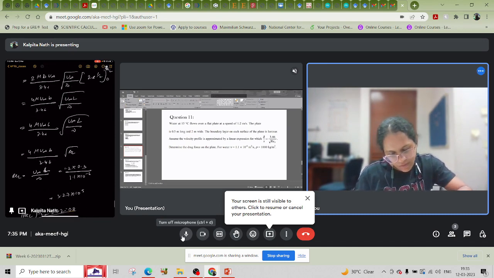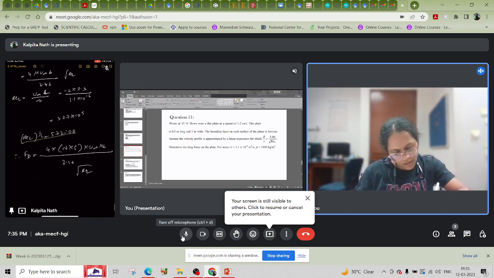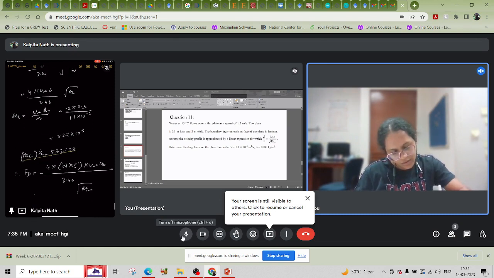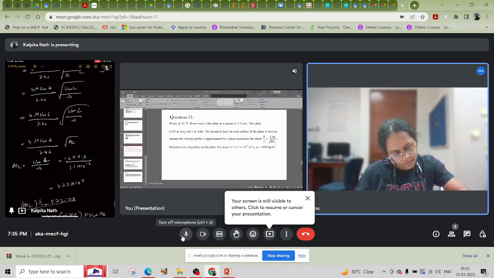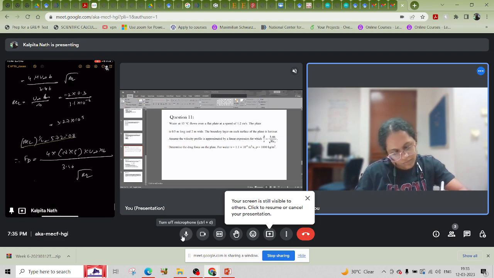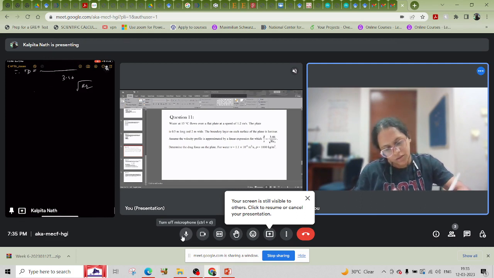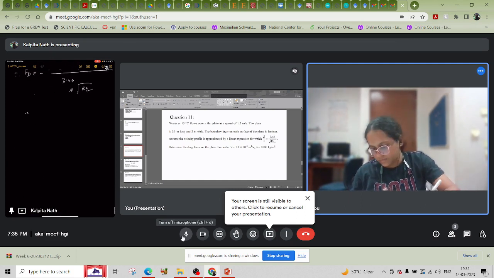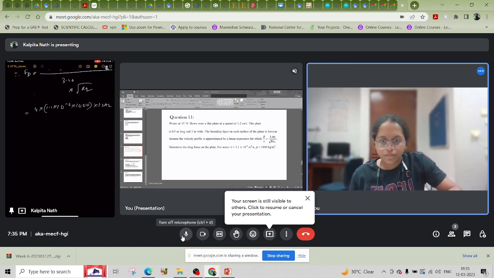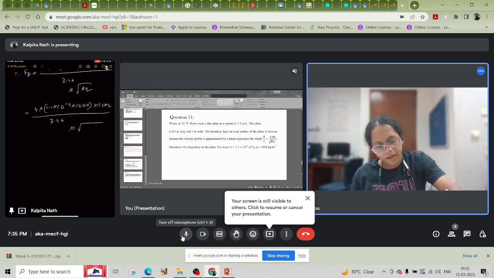This is FD, right? 4 into 1.1 into 10 to the power minus 6 into 1000 into 1.22 upon 3.46 into root over Reynolds number.